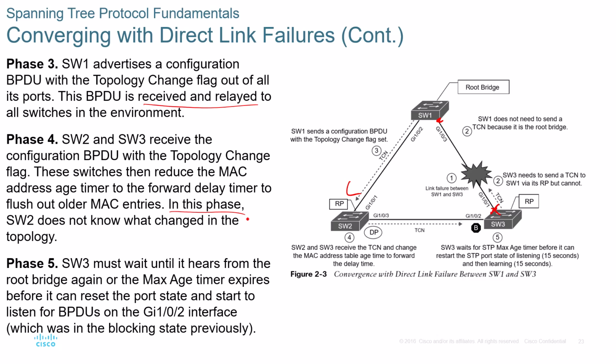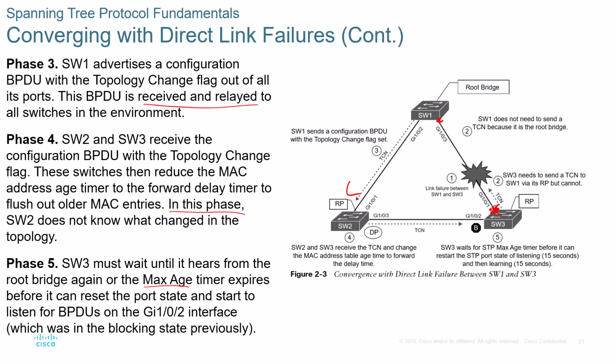Next, switch 3 must wait until it hears from the root bridge again, or the max age 20-second timer will have to expire before it can reset the port state, because right now this is a root port still. So the switch will have to receive it and wait.